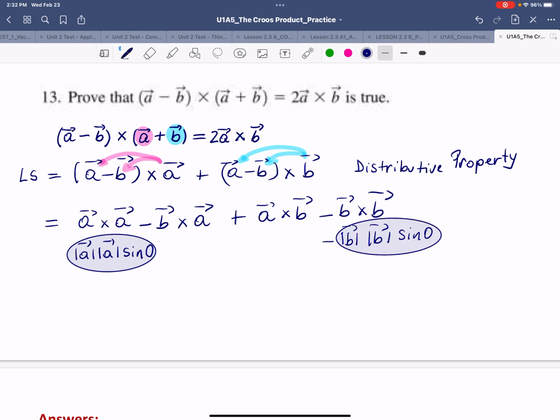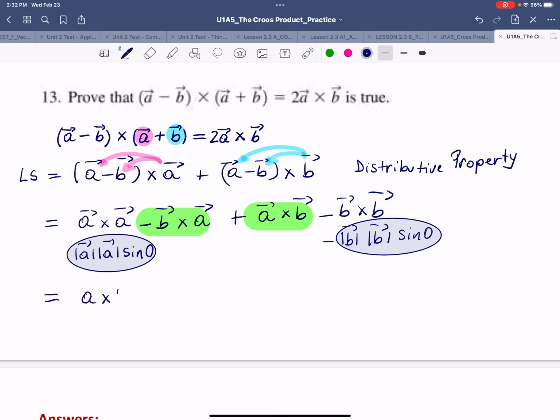So we're going to say that we're left with the following. We have negative B cross A plus A cross B. So negative B cross A can also be written as, or we can transform this expression.